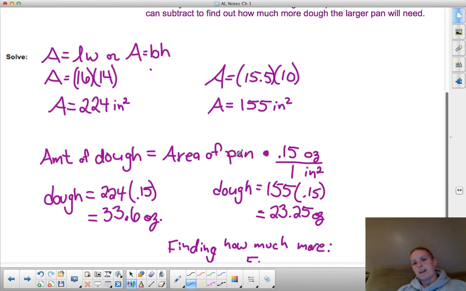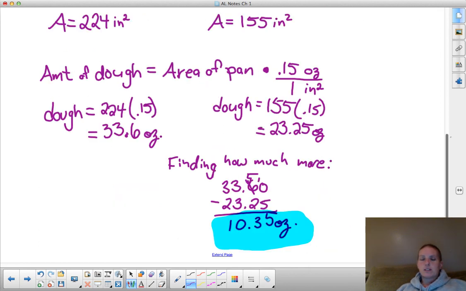So the area of the pan will be square inches, so that those two will simplify, leaving us with just ounces. We do those two multiplications, and finally we finish with that subtraction step, finding how much more. So we end up with 10.35 ounces.